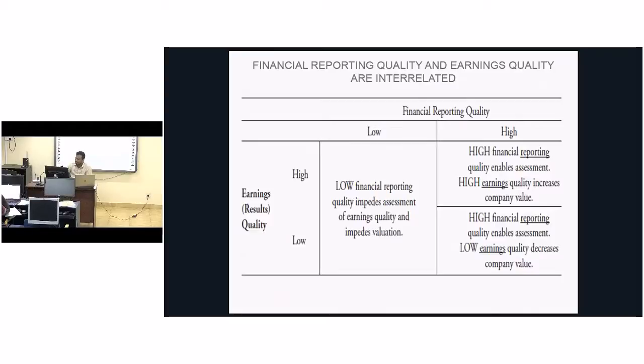Low earnings quality decreases the company value. High reporting quality means, let's say poor performance, but they report in a good way. Poor performance means anyway value will be decreased, but you can make judgment very well. Why? You have enough information with you. So that's what we call reporting quality.